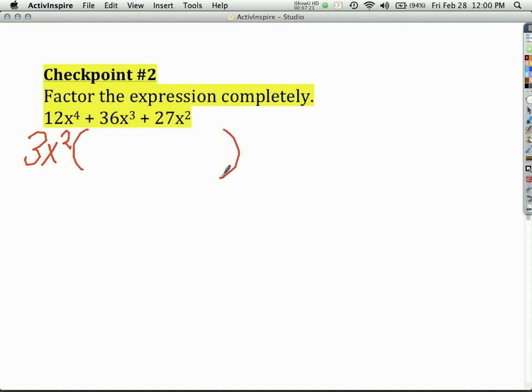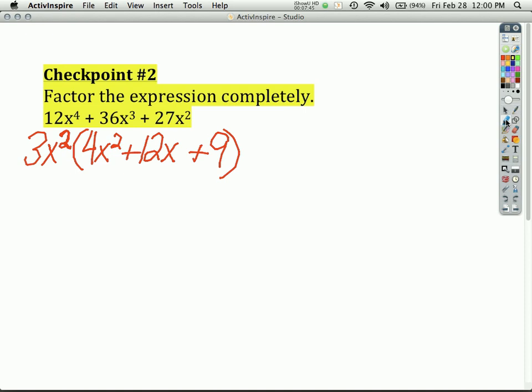Did anyone feel confident that they have the correct expression left? What's left, Extol? 4x squared plus 12x plus what? 9. That is correct. That is what's left. This cannot be factored any further, so that's done. So now we look in here.